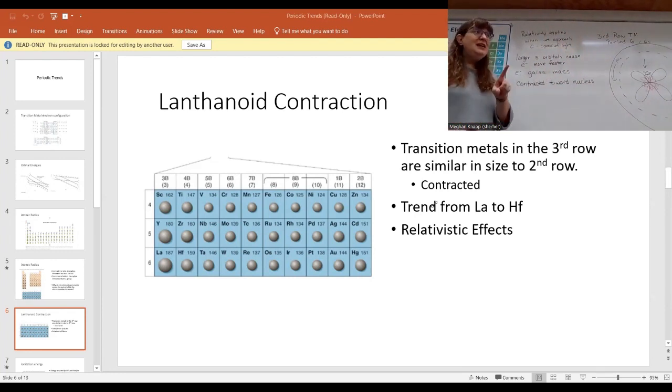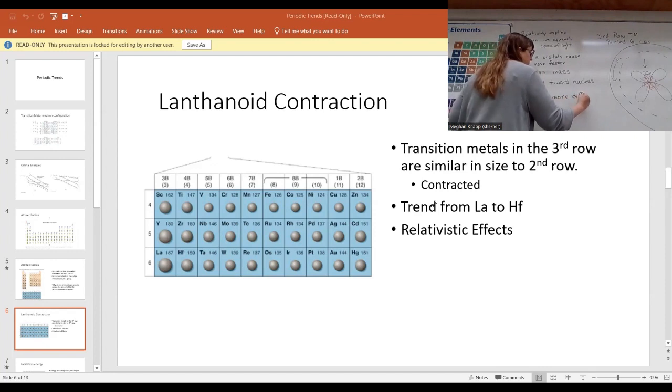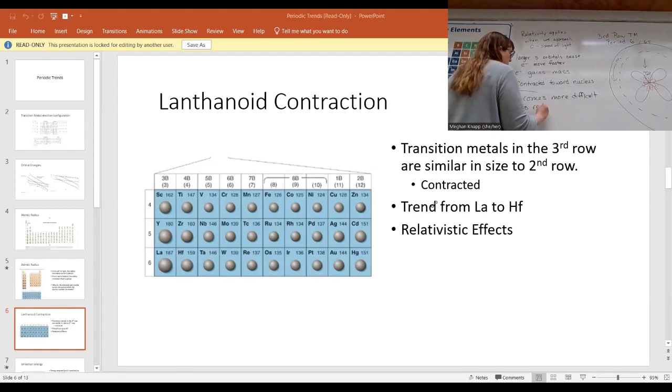That also means that as we move down the periodic table, it becomes more difficult to remove electrons because they're being pulled in, right? Okay, so if I'm going to go back one slide.